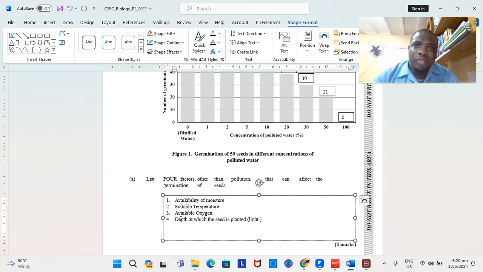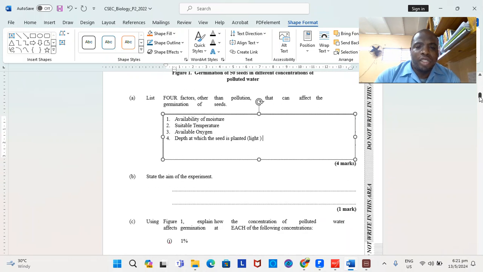So some persons will say that light doesn't really affect the seedling, but the distance that you place the seed in the soil will influence if it germinates or not. If you place that seed way down into the soil, it will have implications for the shoots to emerge out of the soil. So you should not be having the seed at a certain depth if you want it to germinate successfully. So the depth at which it germinates is also a factor.